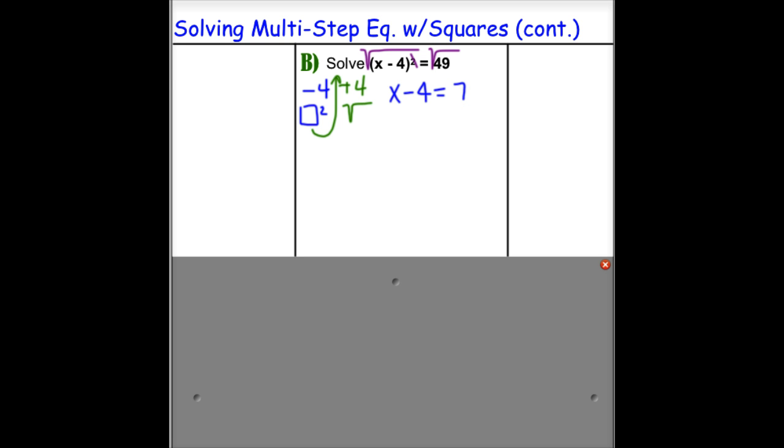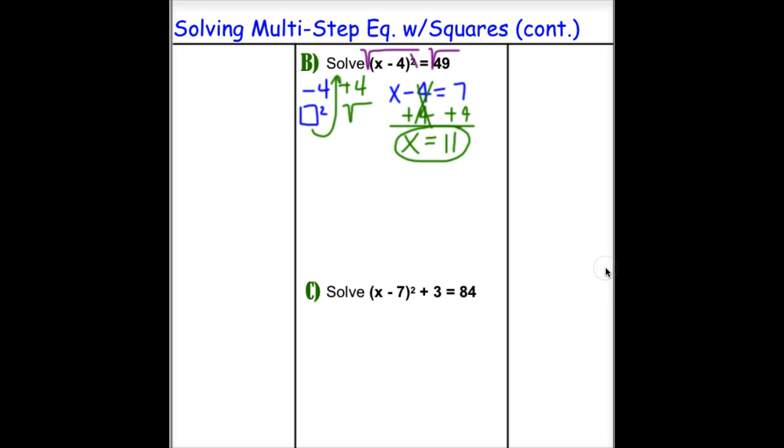Then I add 4 to both sides, giving me x equals 11. If I check it, you should be writing down the check, but I'm going to mentally check this: 11 minus 4 is 7, and 7 squared is in fact 49.